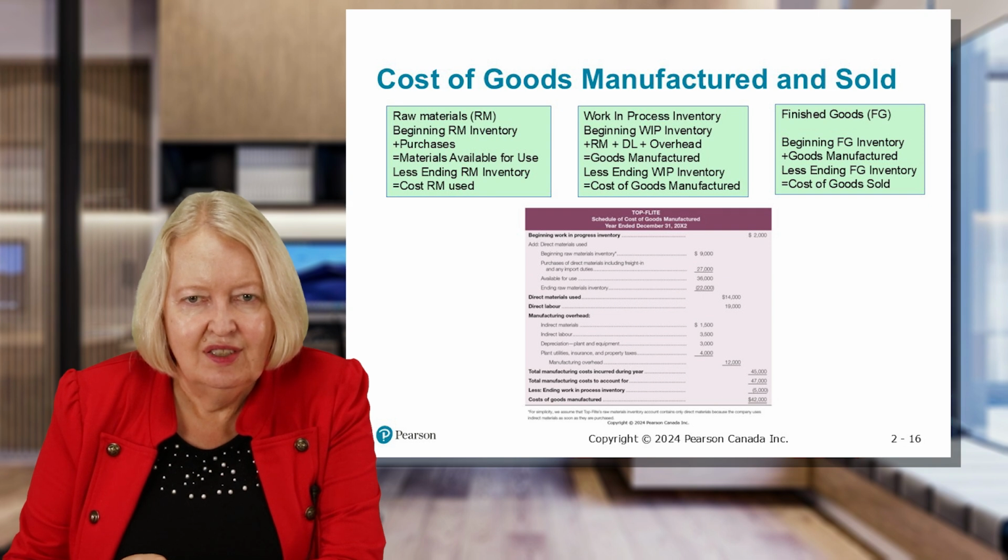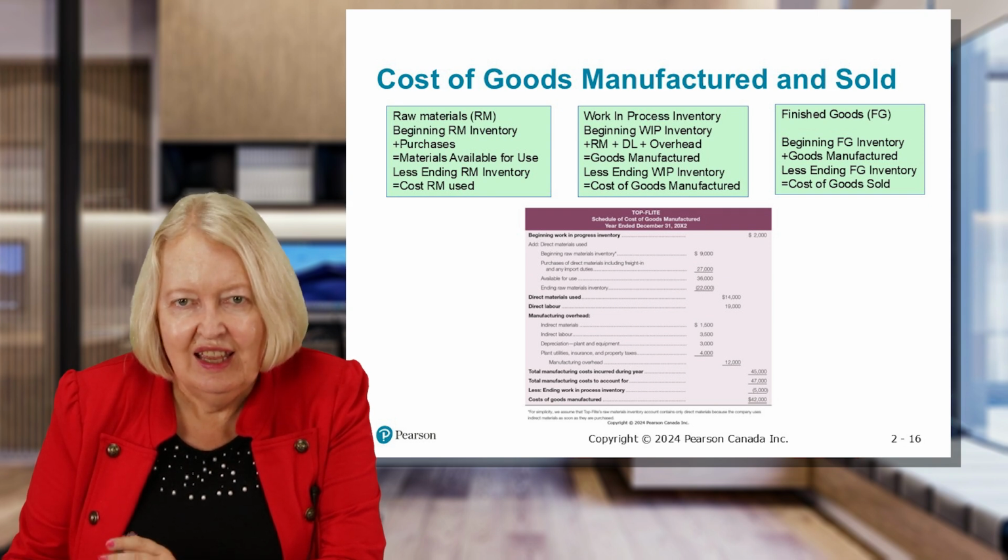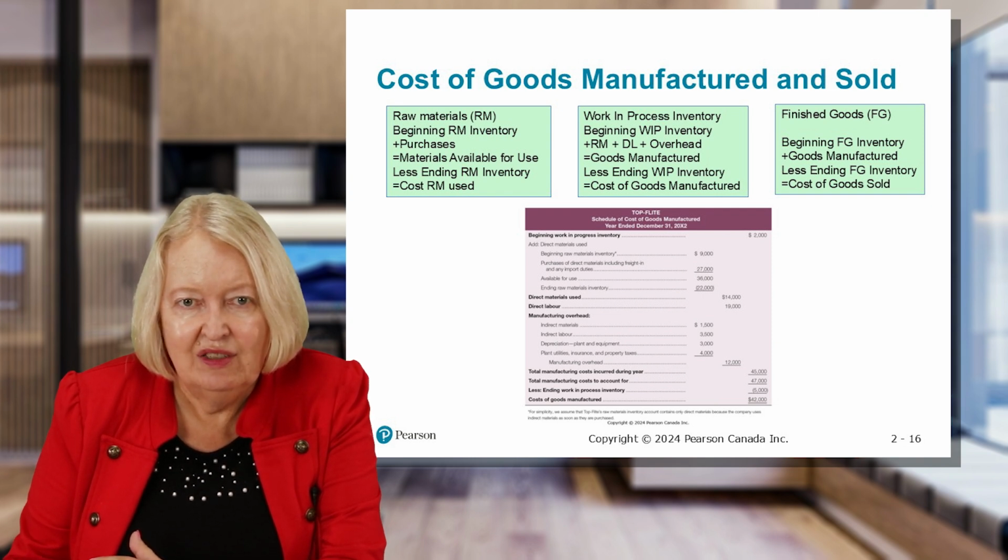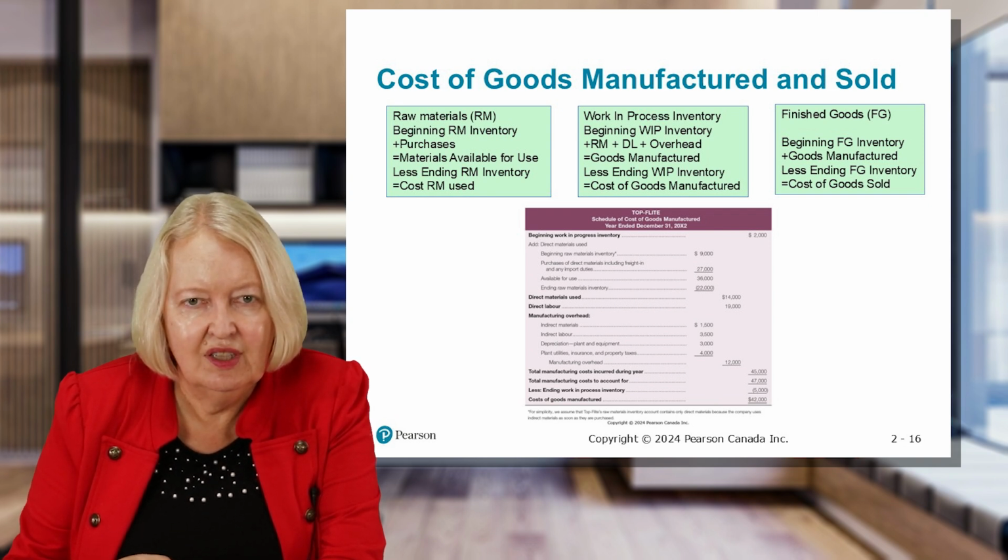Now, with this slide, you can see that calculating the cost of goods manufactured is much more complicated because you have to calculate your three inventory categories. But they're all calculated in the same way. For raw materials, it's the materials you have at the beginning, plus your new inventory that you've purchased, which gives you how much you had available, less your ending raw material inventory, which tells you how much raw materials you've used.